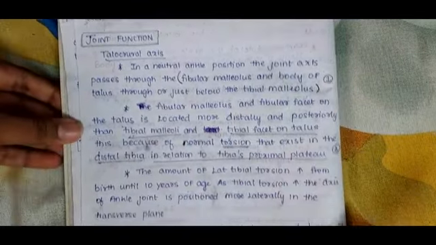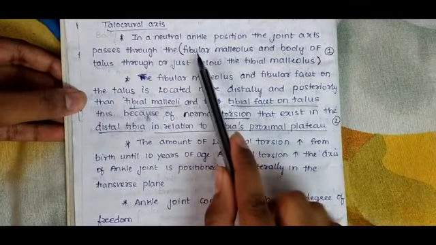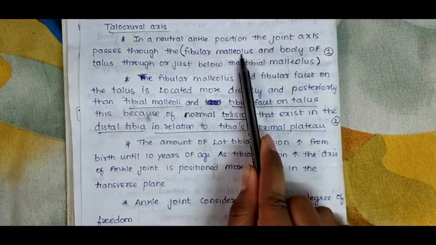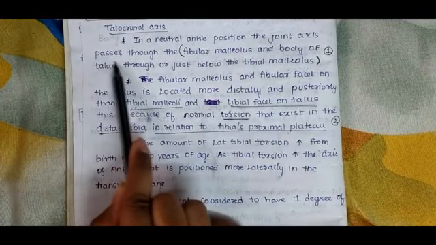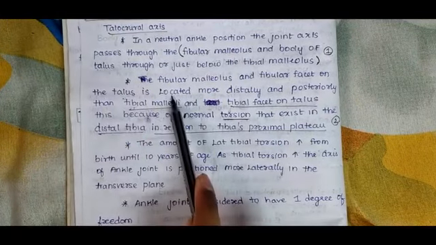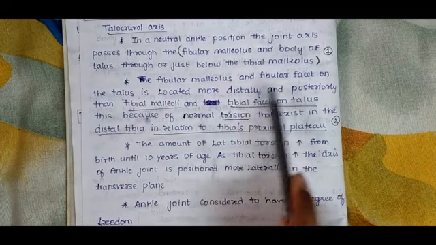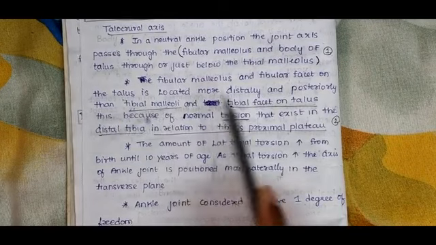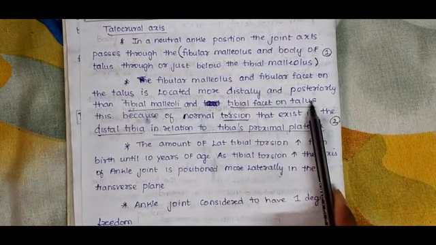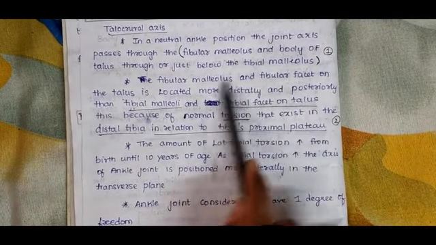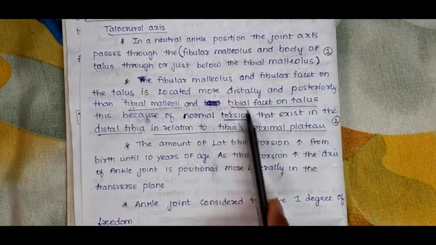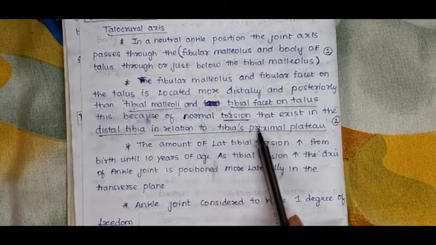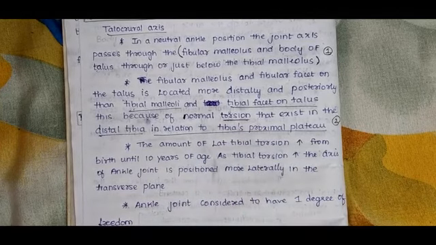The second point is that the fibular malleoli, as well as the fibular facet on the body of talus, are located more distally and posteriorly when compared to the tibial malleoli and the tibial facet on talus. This is because of some normal torsion that exists in the distal tibia in relation to the proximal tibia.